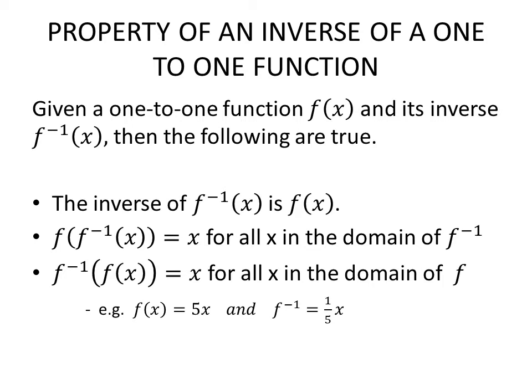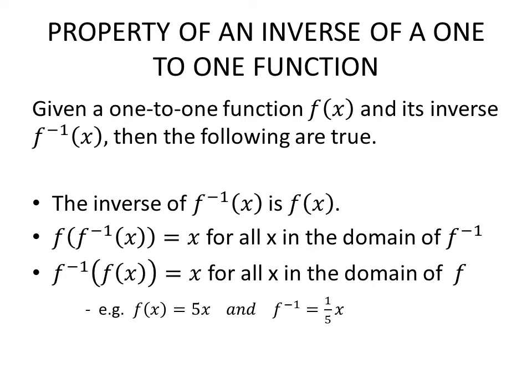If we evaluate the function of the inverse, that would be equal to x for all x in the domain of the inverse function. Likewise, the inverse function of the function would be x for all x in the domain of the function.